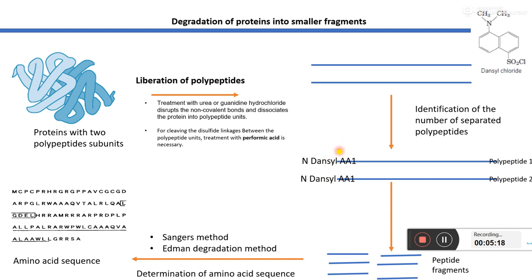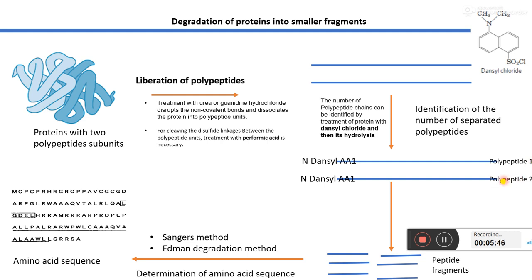So the number of dansyl amino acids produced is equal to the number of polypeptide chains in a protein. Since here two N-dansyl amino acids have been formed, the total number of polypeptides in the protein is 2, that is polypeptide 1 and polypeptide 2.